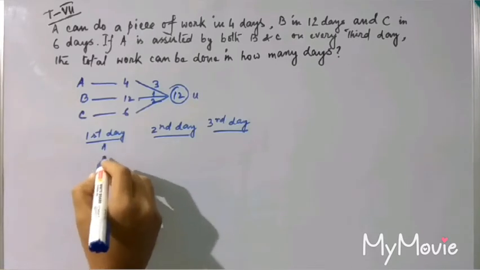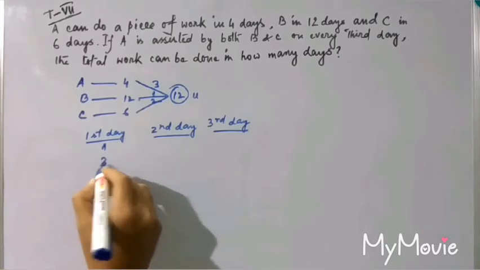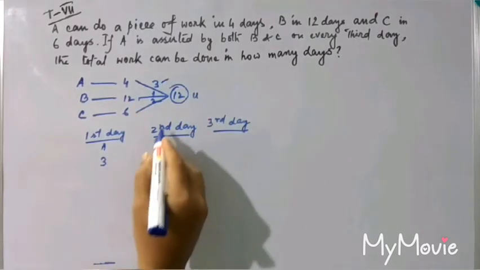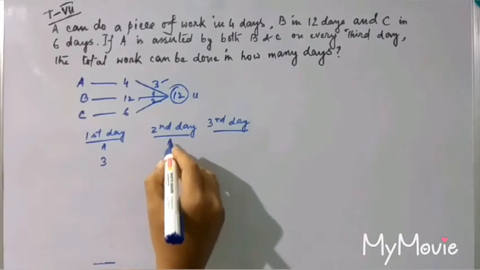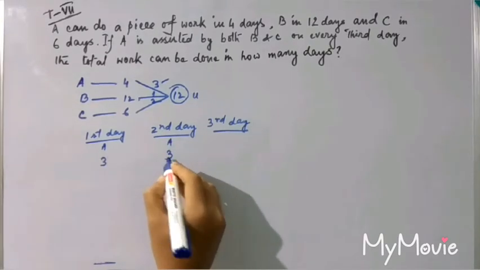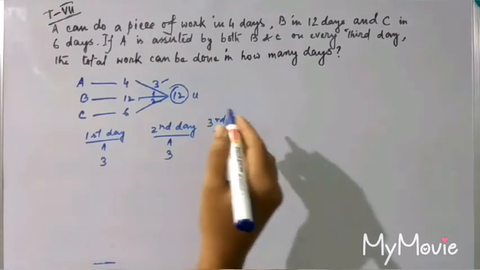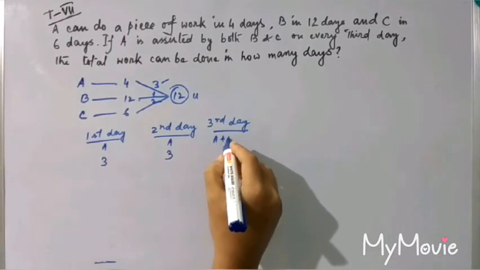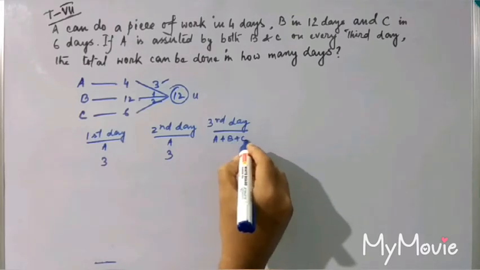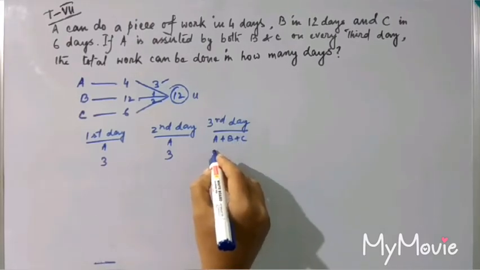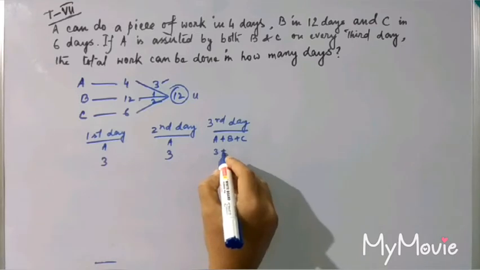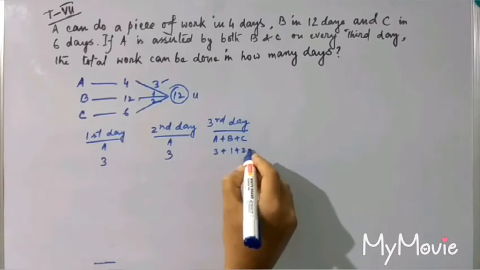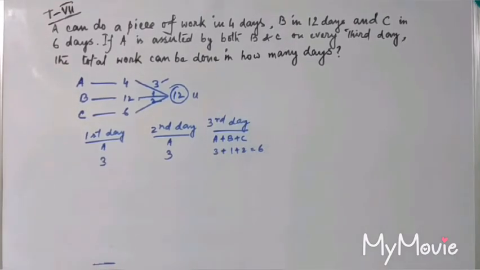For the first day, A worked alone, that is 3 units of work performed. In the second day, A worked alone, again 3 units of work performed. But on the third day, A is assisted by B and C. Therefore, the units performed is 3 plus 1 plus 2, that is 6.